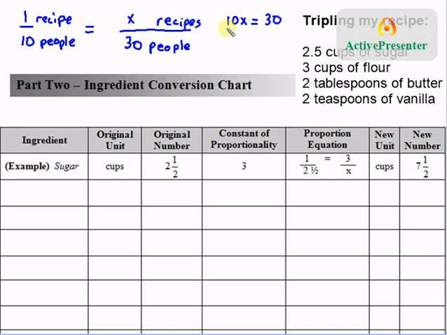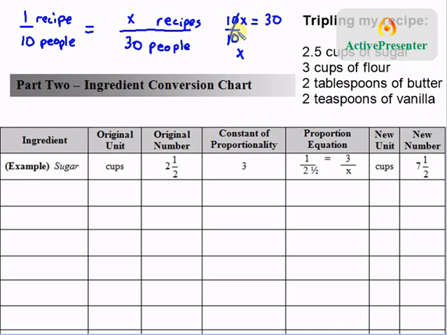Then we'll solve our equation using the inverse operation. 10 times x, so we'll use the inverse of multiplication, which is division. We'll divide by 10 here. That lets us cross that out because 10 divided by 10 is just 1. That leaves us with 1x, or just x.